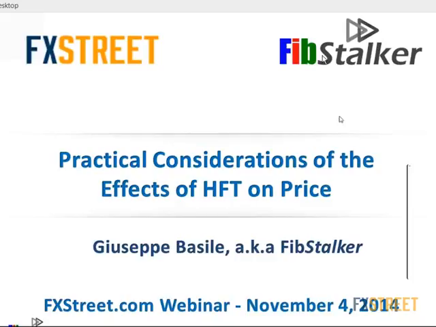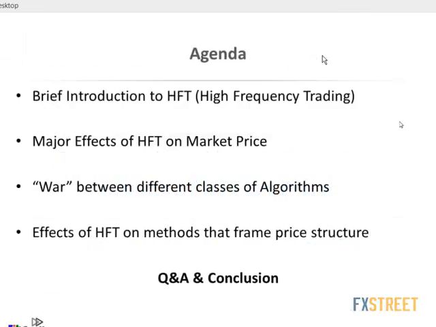So let's look at the agenda. I will provide a brief introduction to high-frequency trading, and then I will talk about two major effects that high-frequency trading can have on market price. I will also touch very briefly on what is going on with different classes of algorithms. Algorithms is what I study in my trading.